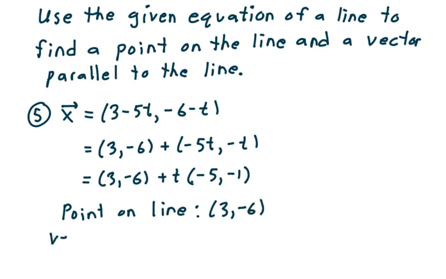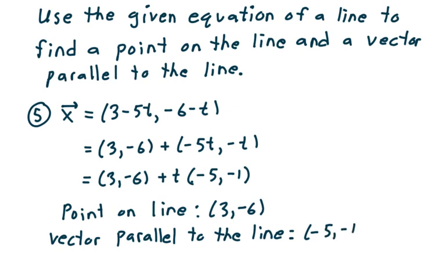And then a vector parallel to the line, that will be (negative 5, negative 1). So just kind of a game of working backwards.